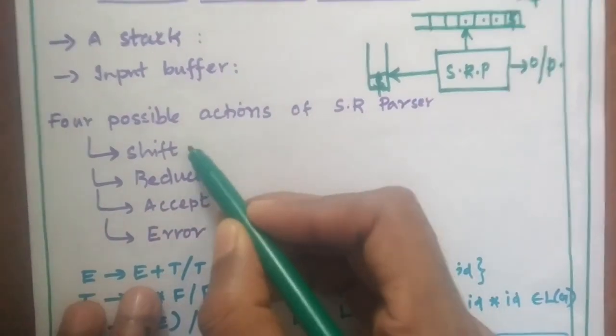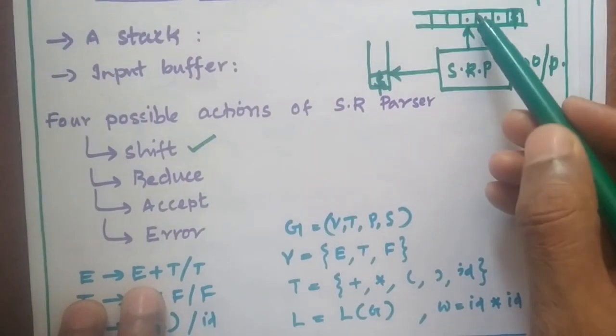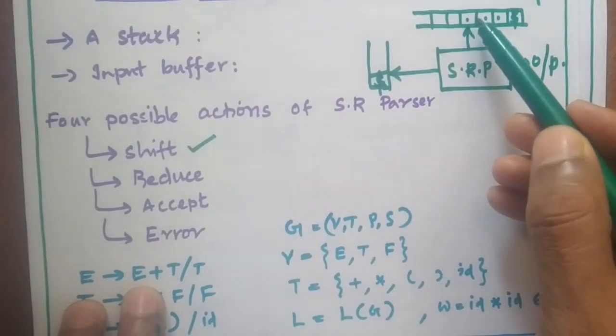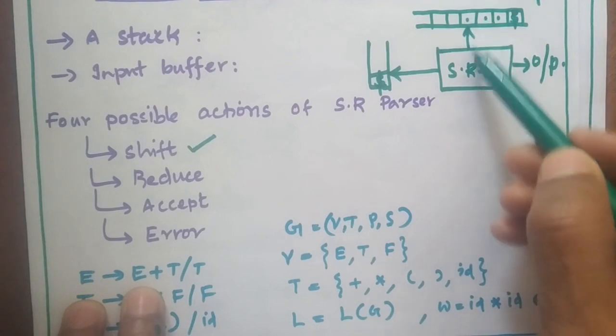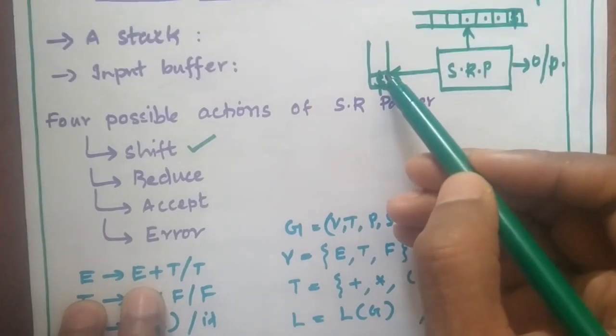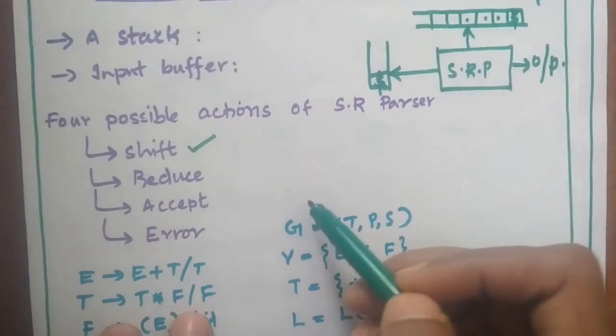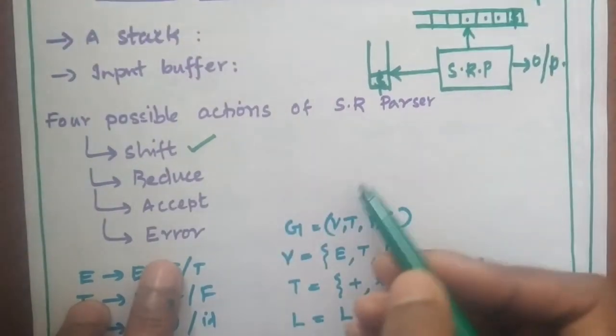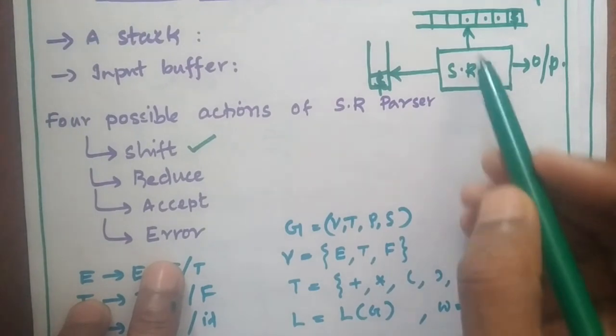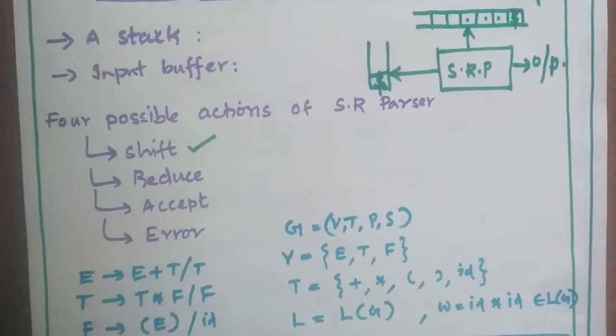I already explained what the shifting operation is. It reads the input symbols from the input buffer and pushes them onto the stack. And the reducing operation is: from the stack it identifies the handle. Once it has identified a valid handle, that handle is reduced using the head of the production, because the handle matches the right side of the production, and it replaces that right side by the left side of the production.